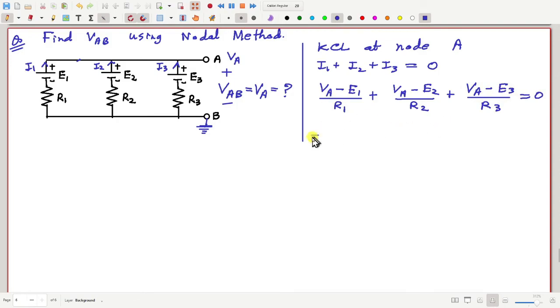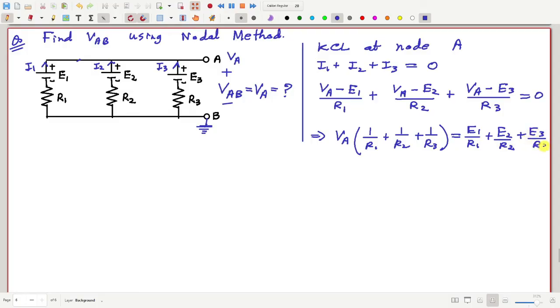So now if you simplify, you will get VA common, 1 by R1 plus 1 by R2 plus 1 by R3. Right side will be E1 by R1 plus E2 by R2 plus E3 by R3.